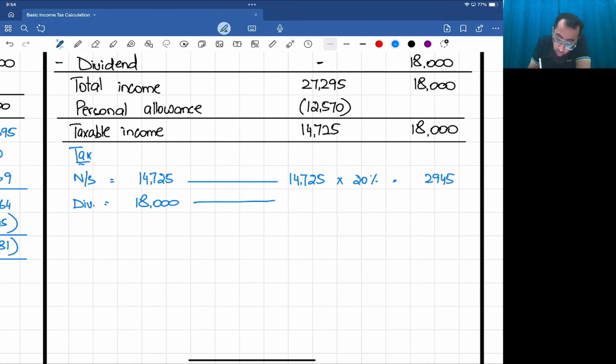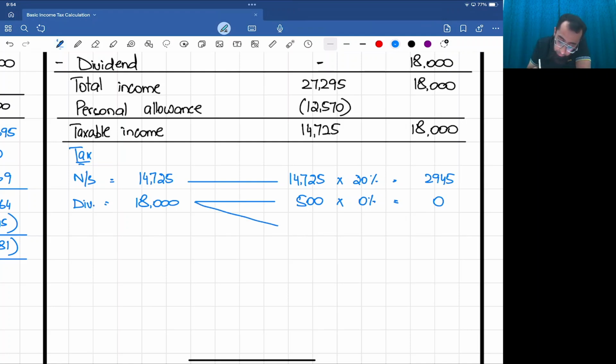First 500 is always taxed at 0% in the dividend. If you look at your total taxable income, 14,725 and 18,000, I think it will be around 32,000. So that's wholly in the basic rate band. The basic rate band won't be ending.